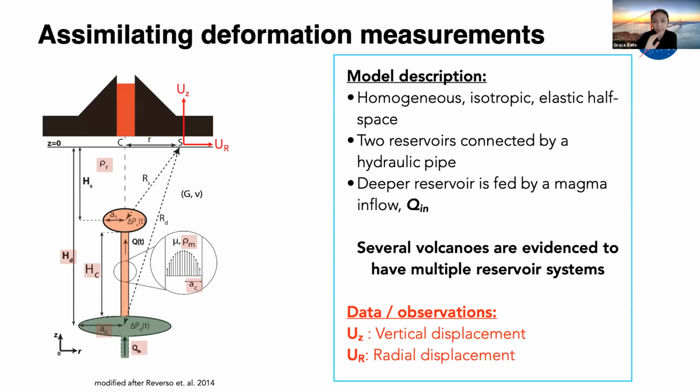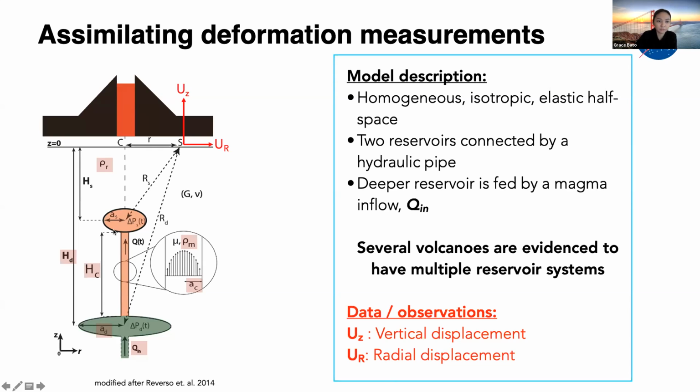So in the next slides, I will show a demonstration by assimilating deformation measurements into a simple two-reservoir model. I will be using this two-chamber model of Reverso et al. Hélène talked about this model briefly in the previous talk, but I just want to add something about this model. So this model is based on a homogeneous isotropic elastic half space.